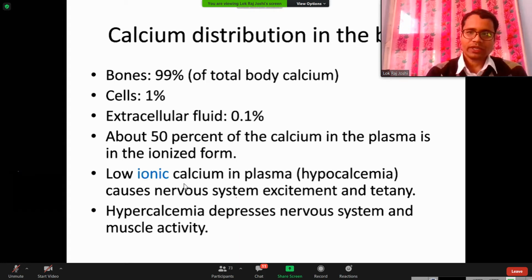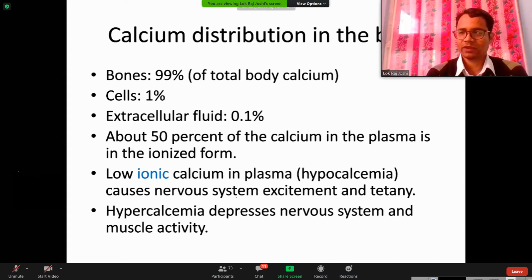Low ionic calcium in plasma is called hypocalcemia, and it causes nervous system excitement and tetany, called hypocalcemic tetany. You know the phenomenon of tetanization, that is sustained muscle contraction when there is rapid repeated stimulation.